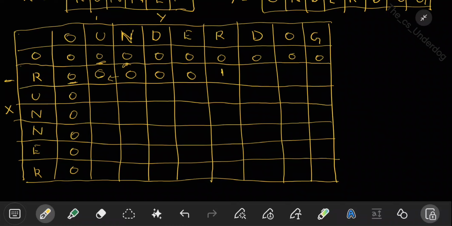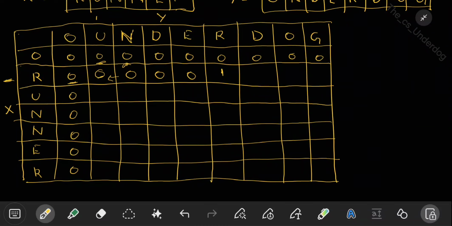What does this mean? If you consider the letters till R in string Y and the letter till this R in string X, that means X has only one letter R and Y has U, N, D, E, R. Then the longest common subsequence has length 1. Here it is R, here also R is present. It is the longest common subsequence at this point.